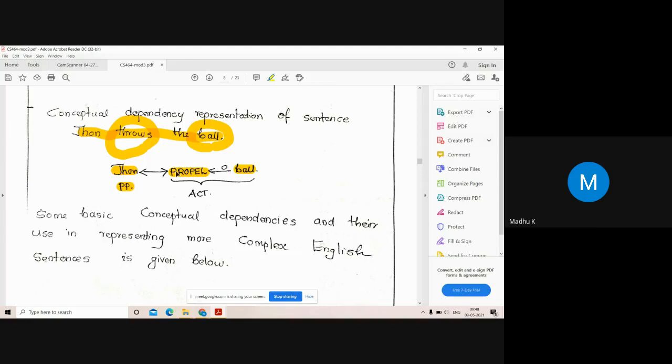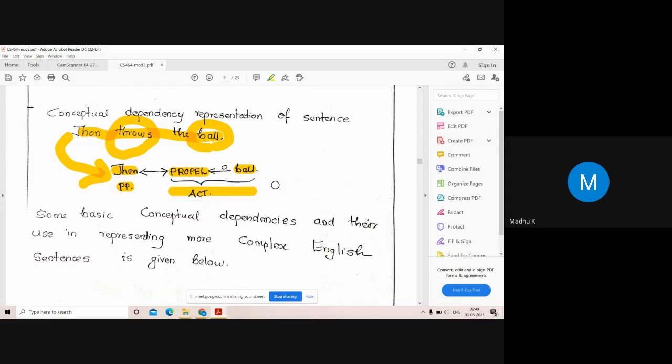Then we will represent the act in this part. PP and act are connected by using a double arrow mark. We will represent the sentence in this way. This is basically a rule: PP comes on this side and act on this side.